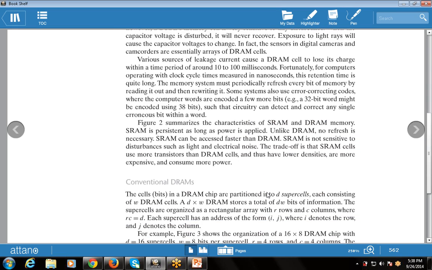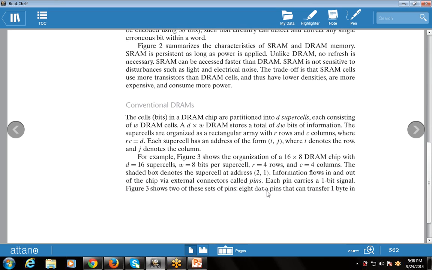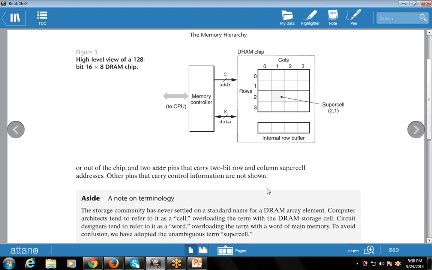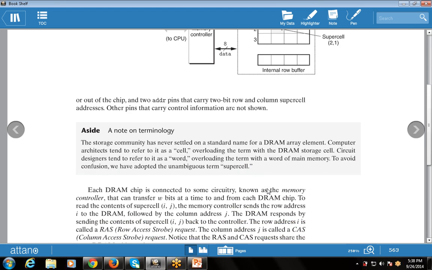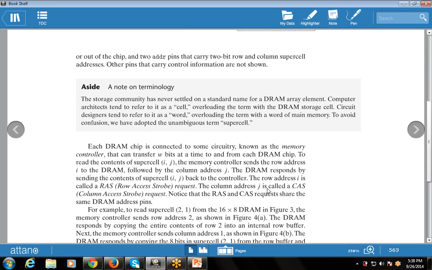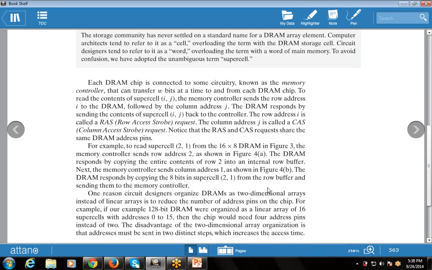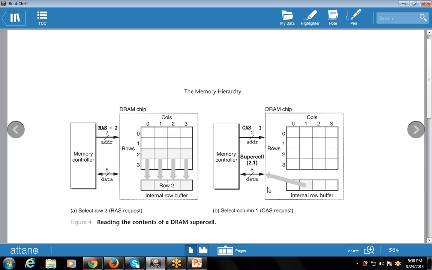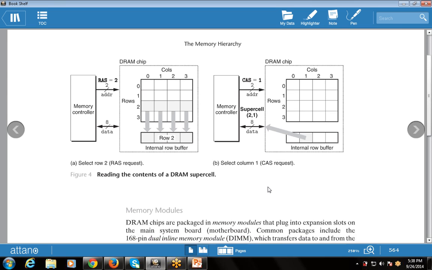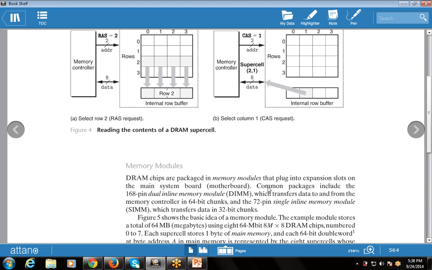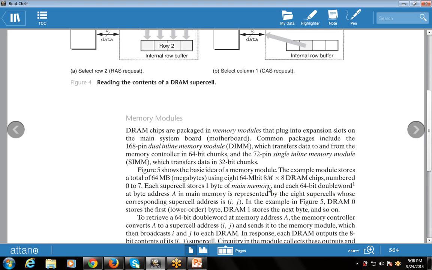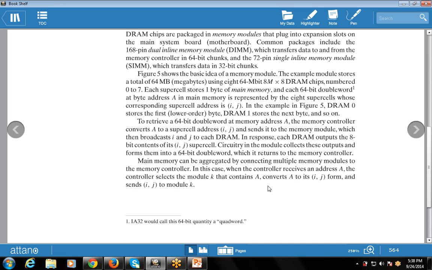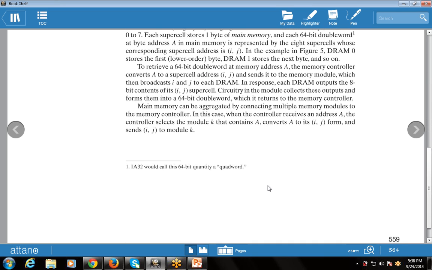This is conventional dynamic RAM. We have discussed dynamic RAM. These are memory modules. Main memory, dynamic RAM, static RAM.